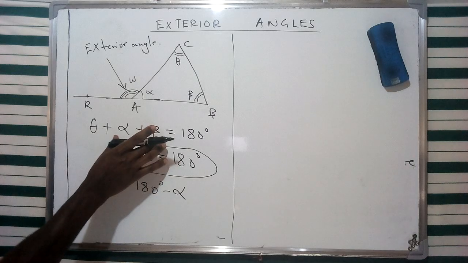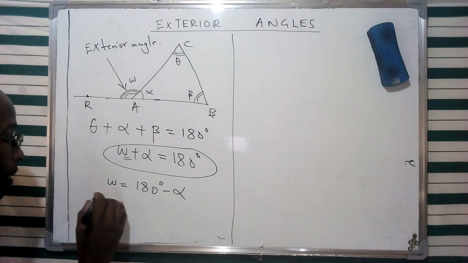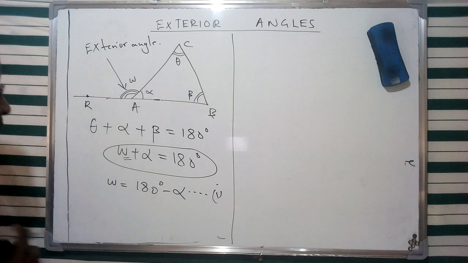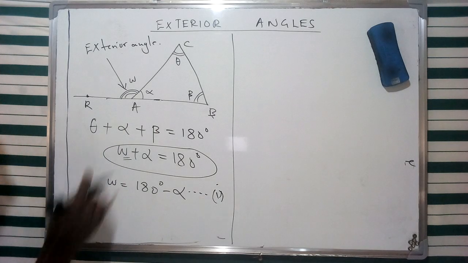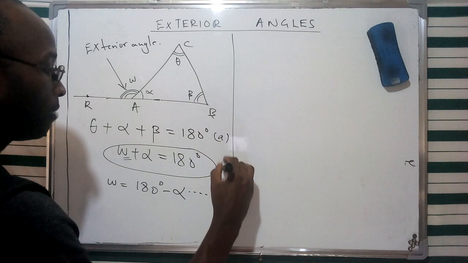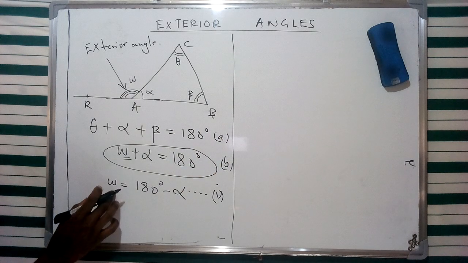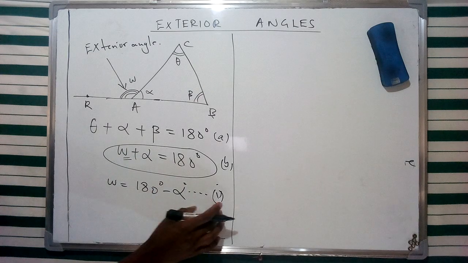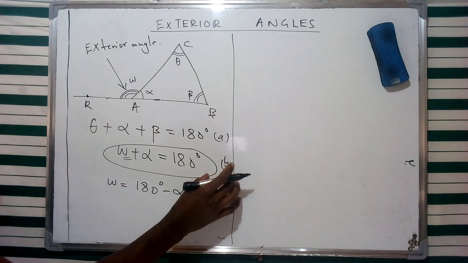But from our first equation, so this is equation 1, and then we can develop another equation, which is equation 2. Let's refer to these as A and B. So the first one, omega is equivalent to 180 degrees minus alpha. This is a derivation of equation B.